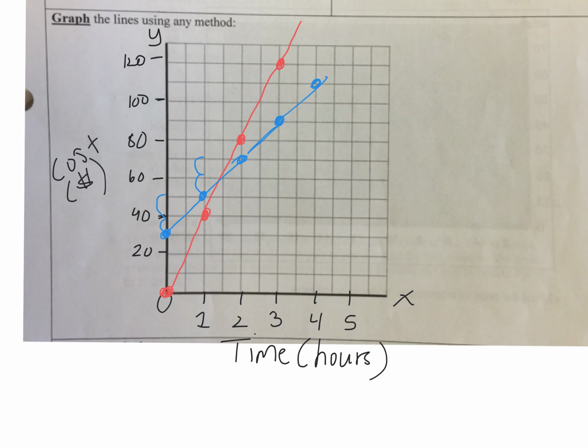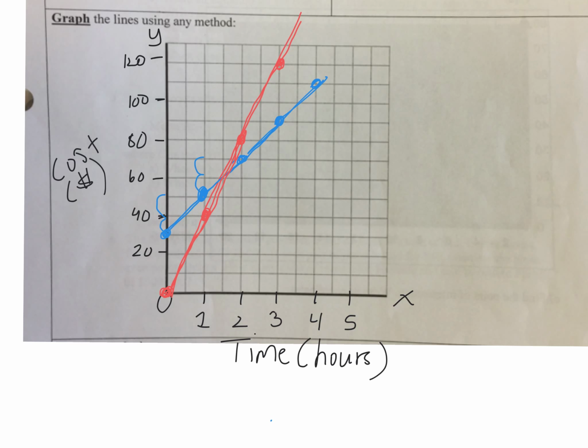See what I did there? And you must use a ruler, because if you don't, you're not going to be able to find the point of intersection properly. That looks kind of messy. Like I said, use a ruler, because it will be easier to read.